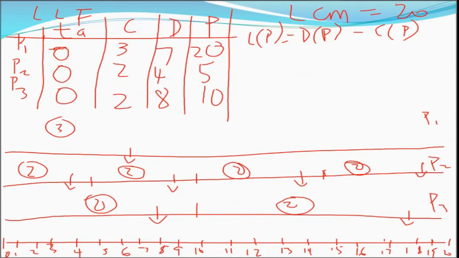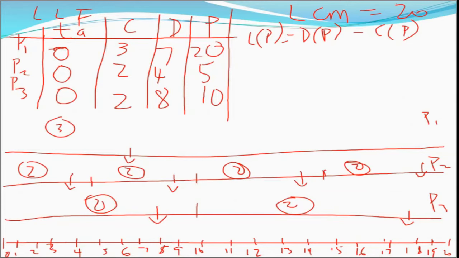That's for the start, because no unit of P1 has been executed. Now, granted that 1 unit of P1 is executed, then you're going to get 7 minus 0 minus 3 minus 1. It means 1 unit of P1 has already been executed, and it's left with 2. Do you understand? So it's the difference between the execution units and what has already been executed. So you follow, as we take the example.